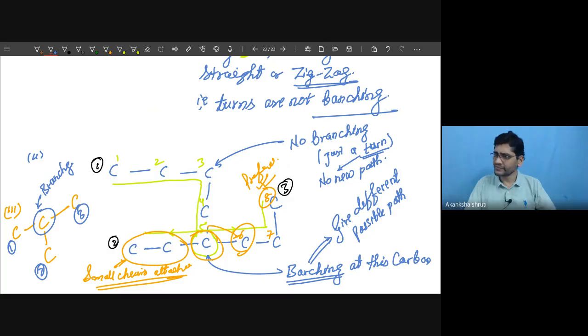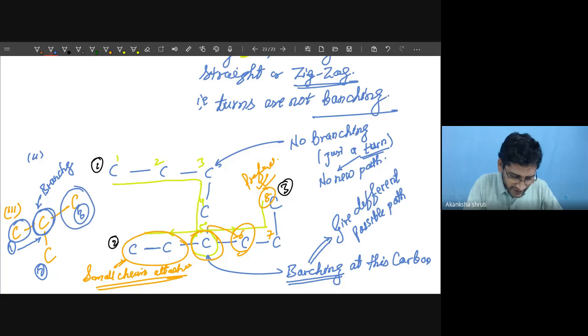How to number? Those things we will learn in our topic nomenclature of carbon. So students, branching simply means you have to start with 1, and on any of the carbons, if you are getting more than 2 carbons, say you have started from here, you have reached this carbon, and at this point you are getting one was already the first carbon, the other carbon could be this one or this one. Get it?